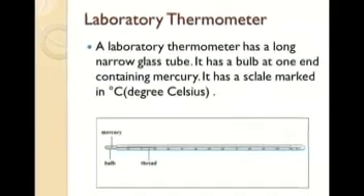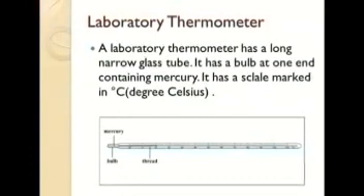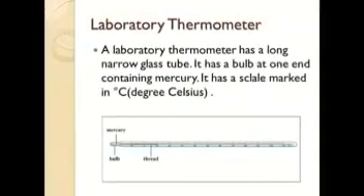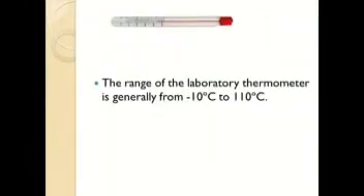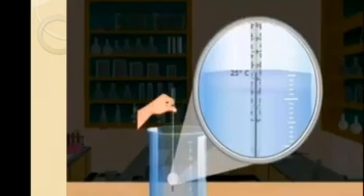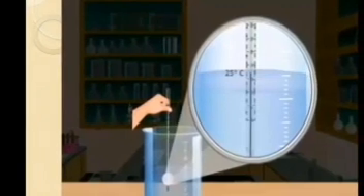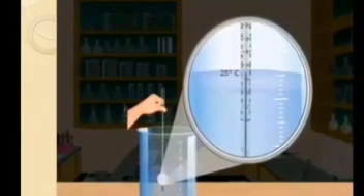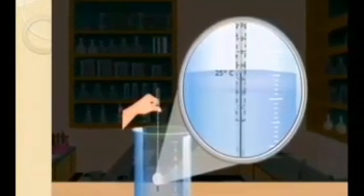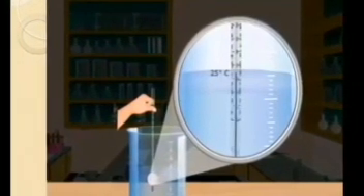Here, we need to note down the reading when this thermometer is in contact with the substance. When we use a clinical thermometer, we note down our temperature after taking it out from our mouth or body. But here, with a laboratory thermometer, we need to note down the temperature by keeping it inside the substance or liquid.